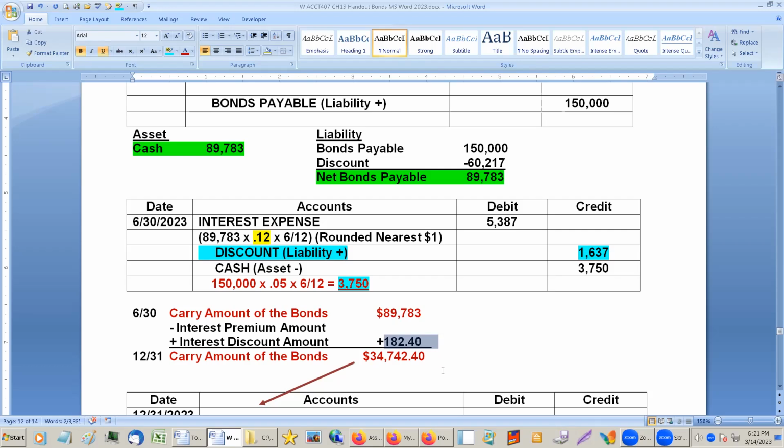And the discount is going to add to that 1,637. So our liability is going up. $91,420.